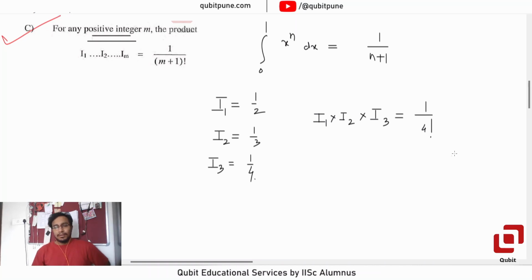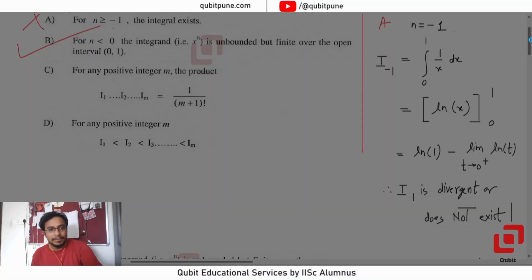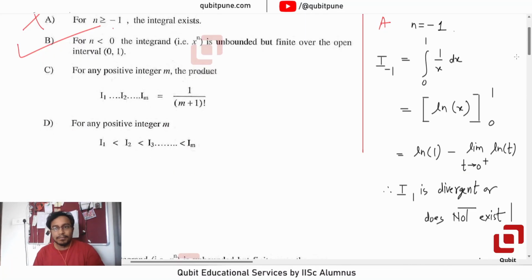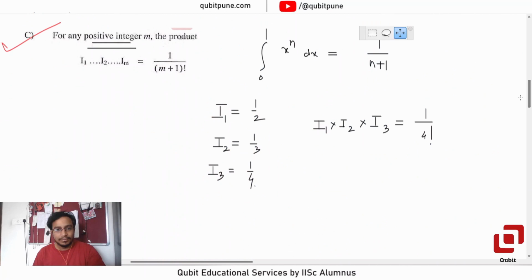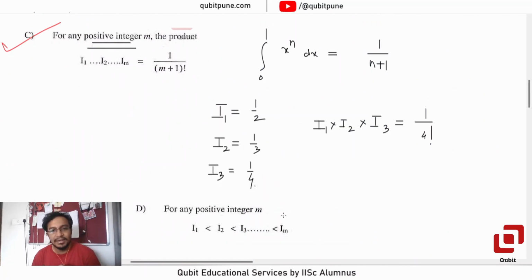Yes. Okay, last. What about D? For any positive integer m, I1 is less than I2 is less than I3. Is that right? Just compare I1 and I2.